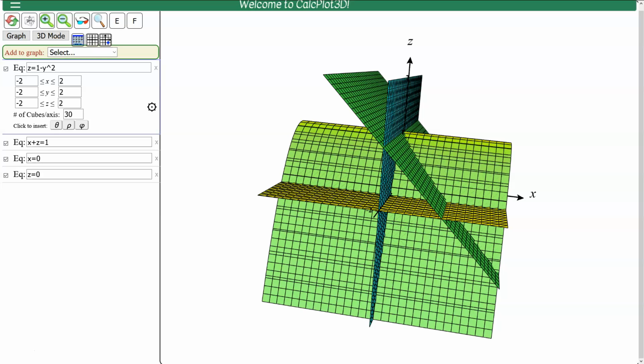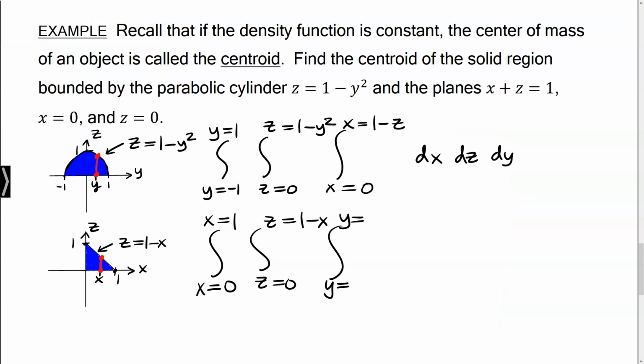It's not too bad, but it's not as nice as the first setup. So we're going from minus root 1 minus z up to positive root 1 minus z. And this is dy dz dx.